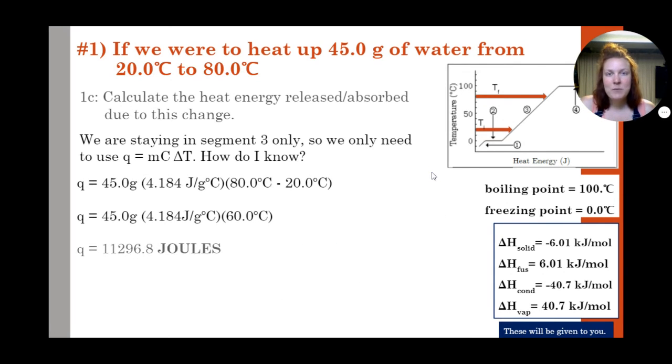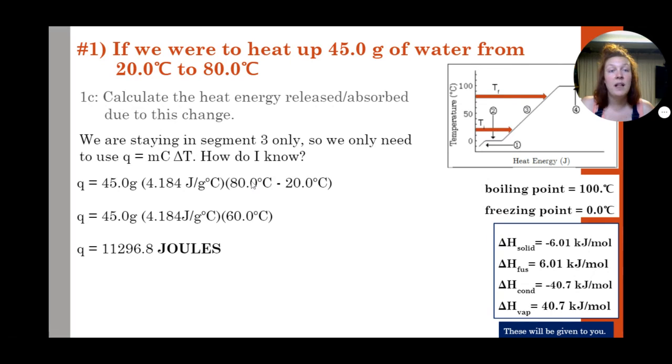We're going to go ahead and plug in the information that we have, so that is 45 grams times the specific heat of water, which is a staple. We are given that, so 4.184 joules per gram degree Celsius. That's times ΔT, so T final minus T initial, so 80 degrees Celsius minus 20 degrees Celsius. I went ahead and simplified that, so it was 60 degrees Celsius.